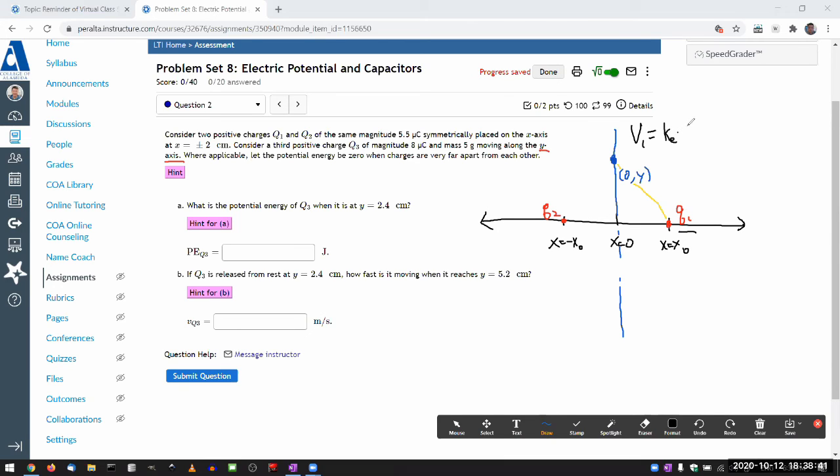Coulomb constant times the amount of charge divided by R, and this R should be this distance. So it's going to be the square root of, I'm looking at this right triangle here, x naught is one of the legs, x naught squared, plus y is the other leg, y squared.